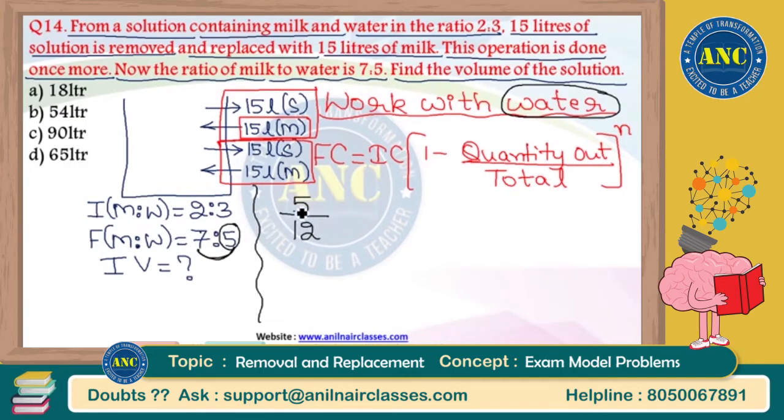Sir, why are you taking 5? Because 5 represents water, and water is nothing but the parameter that is decreasing in this question. I need to work with the water parameter. Initial concentration, check for the initial ratio. Out of total 2 plus 3, 5 liters.